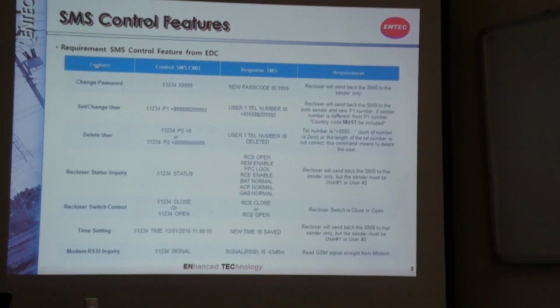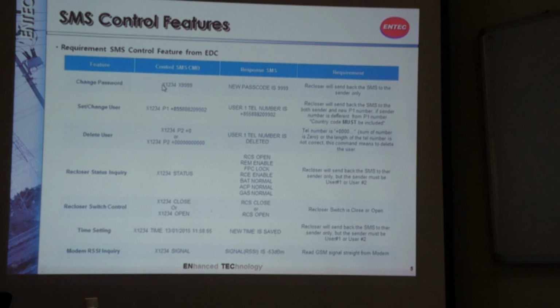And these are the command functions that were requested previously by the EDC. The first function is changing the password. This is changing the password of our relay module, and whenever you want to give a command to the relay, you need to input this password. For example, this is the control command.